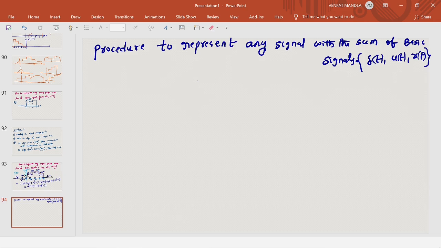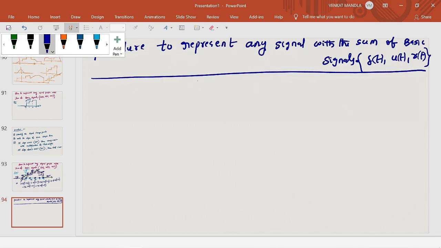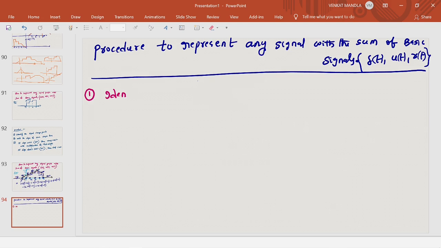Okay. The first point I discussed is: first point, identify the signal change points.